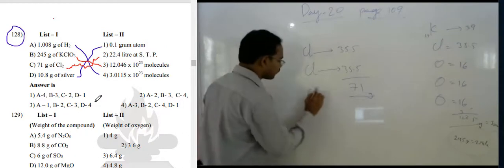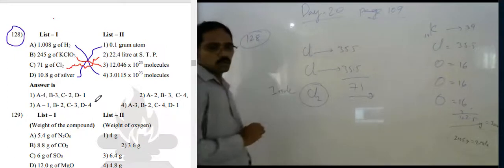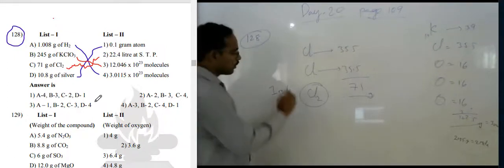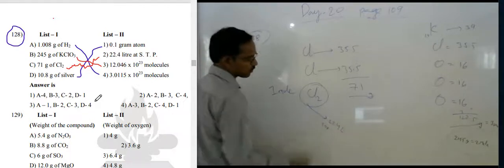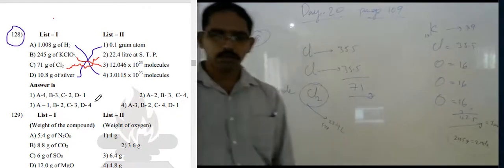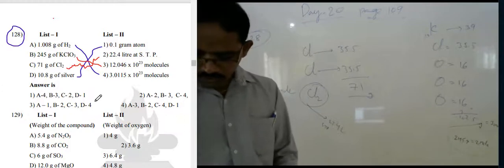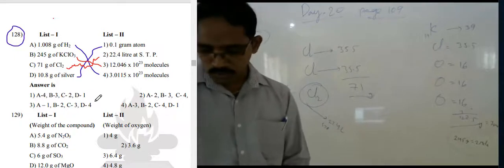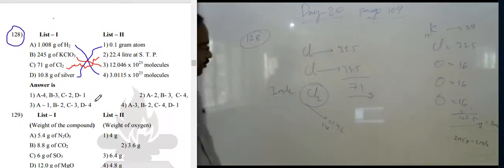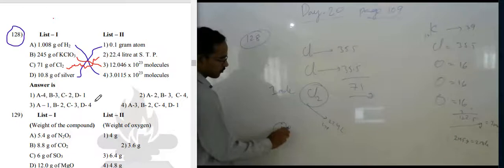But at the same time, 1 mole of chlorine molecule occupies 22.4 liter at STP. 1 mole of any gas occupies 22.4 liter. So the correct option for C is second, 22.4 liter. So finally the answer is first option, option 1.